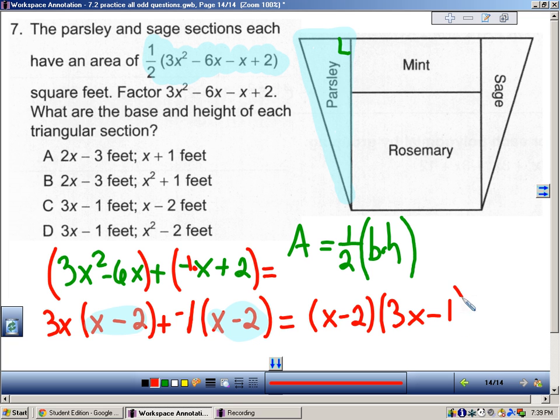And so you can see that this polynomial here, and I'll color code it in a different color, is found by taking the product of the base and the height, right? And I took that polynomial and I factored it and found this. And so what that means is that your base is x minus 2, your height is 3x minus 1, and that looks like this expression right here, C. 3x minus 1, x minus 2.